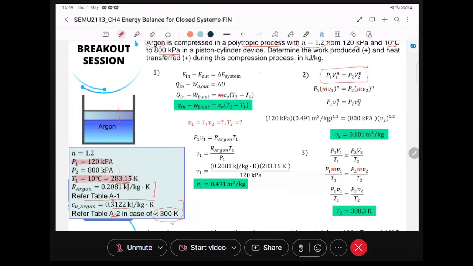So then let's look at the energy balance equation. The energy balance equation is still the same.